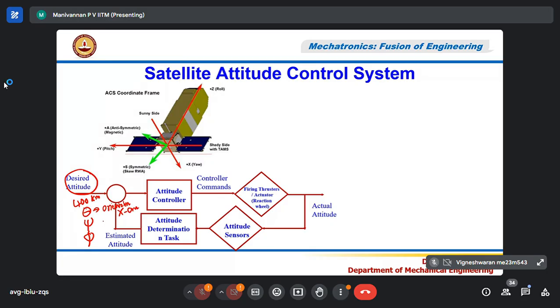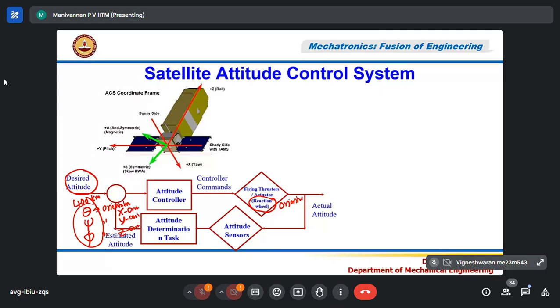This is the orientation with respect to the y-axis. This is the orientation with respect to the z-axis. These three angles are maintained by the reaction wheel. I told you there are three motors with mass using inertial force like a gyroscope, and that is angle, that is orientation. This is orientation control.